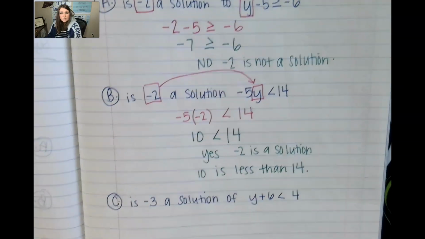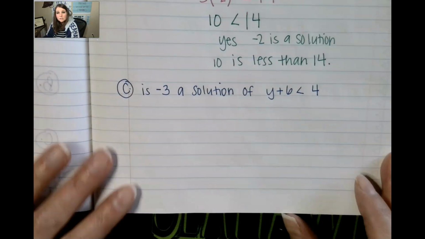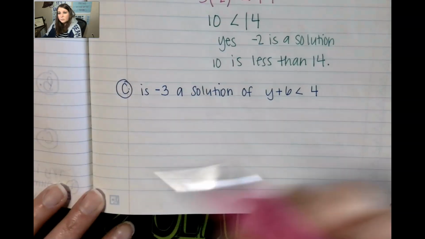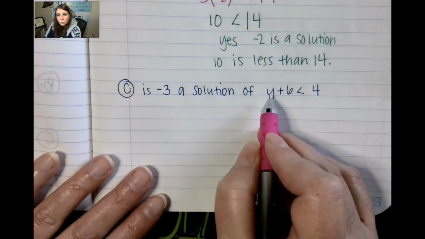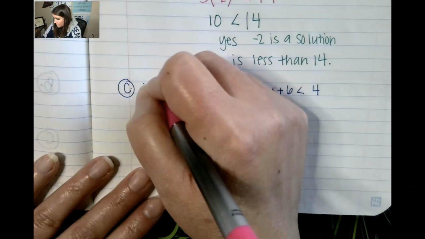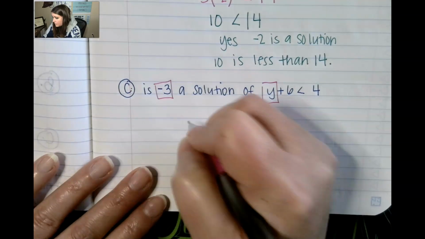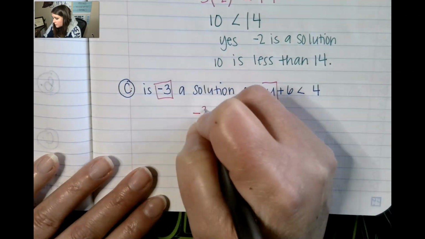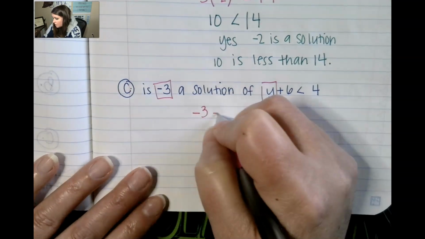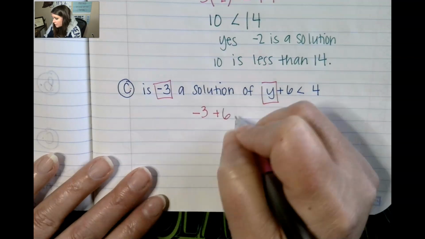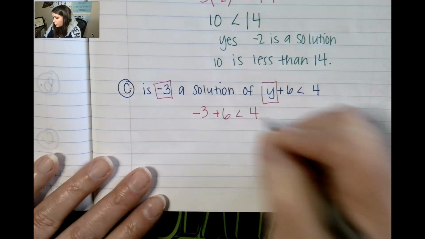All right, so let's go ahead and try this one. So this time we are going to substitute negative 3 in for y. So negative 3 is going to go into y. So our new problem says negative 3 plus 6 is less than 4.